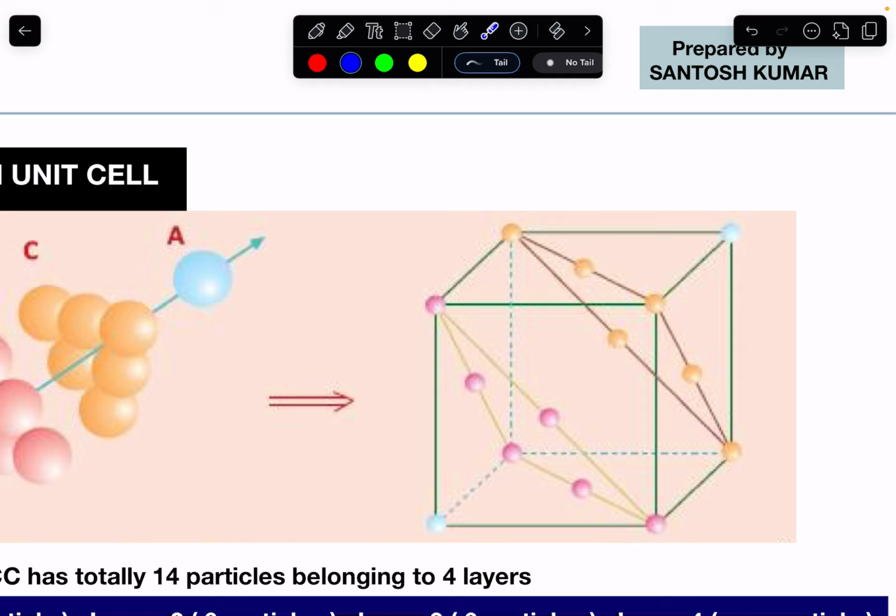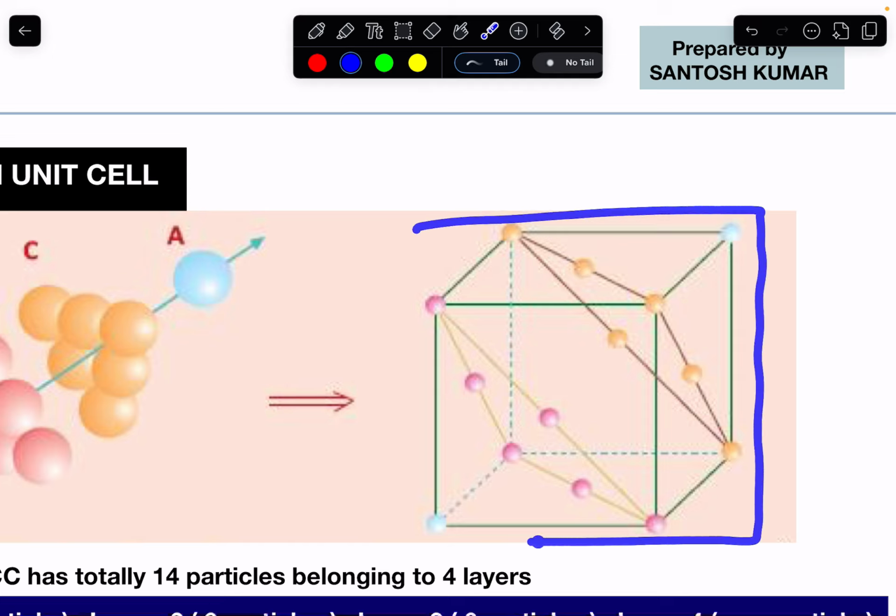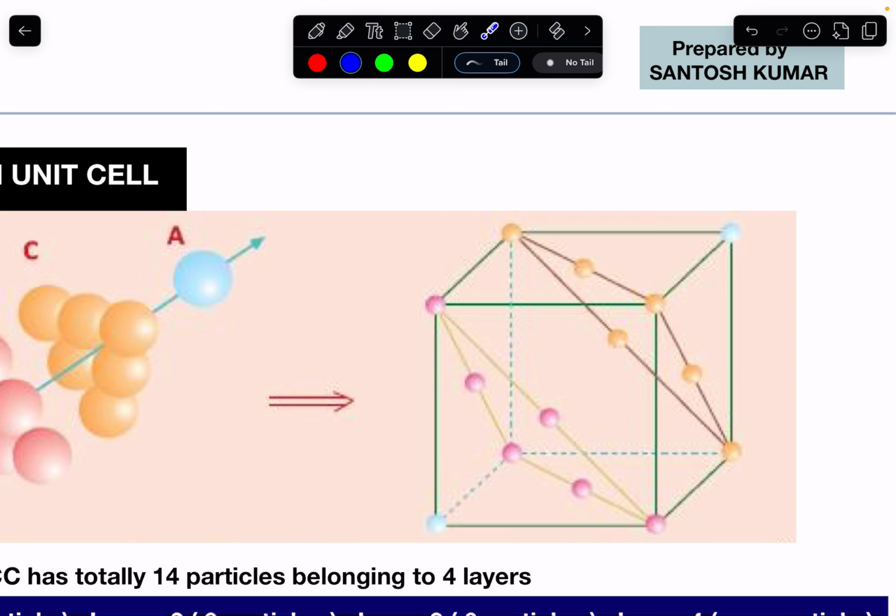And if you see, one unit cell of FCC has four layers, and here this is the corner particle belonging to the first layer. Now you can see this is another corner particle of the same face: corner, face center, corner, face center, corner, face center, and corner. And all these particles, you can see this is in contact with this, in contact with this, like this, next this one, followed by this one, finally this one.